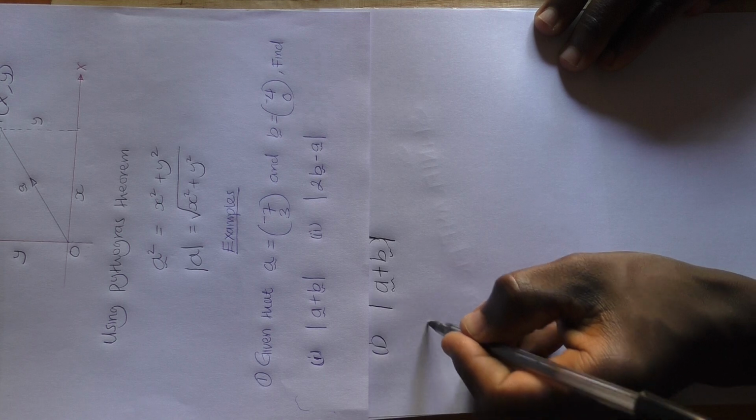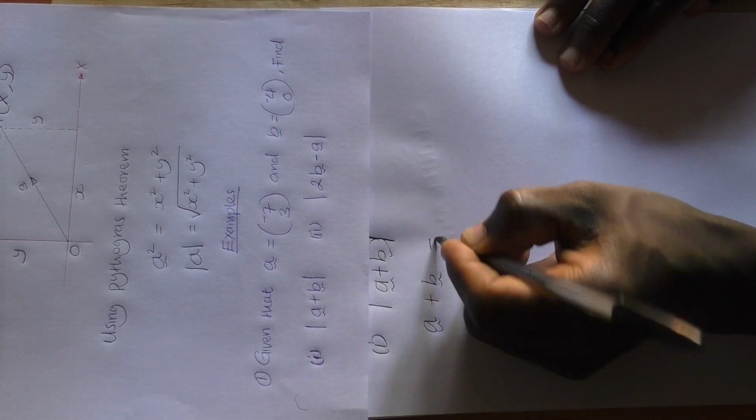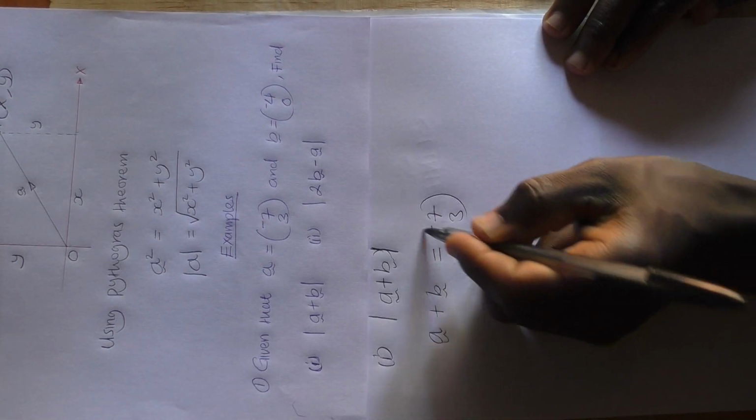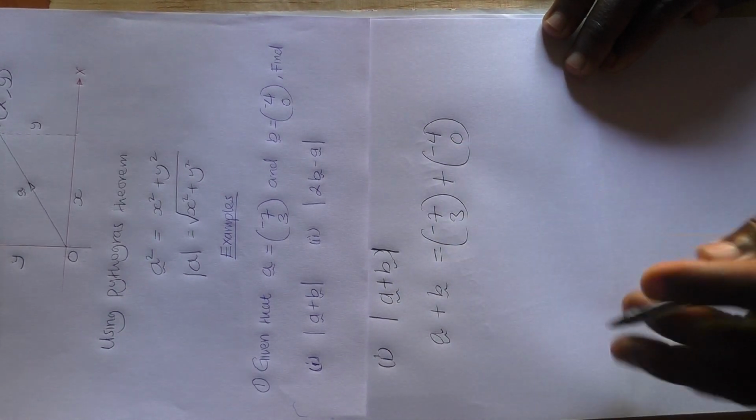So we first add vector A plus vector B, whereby it is (-7, 3) plus (-4, 0).